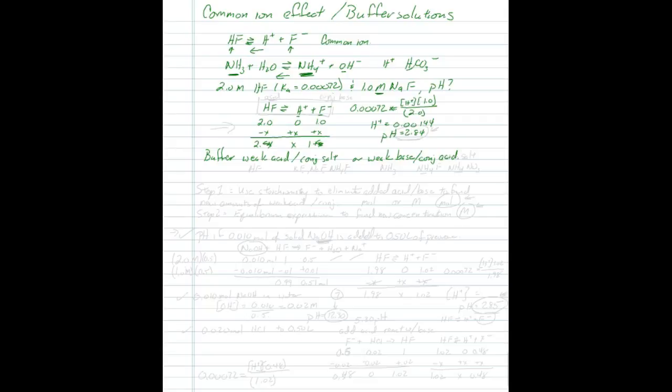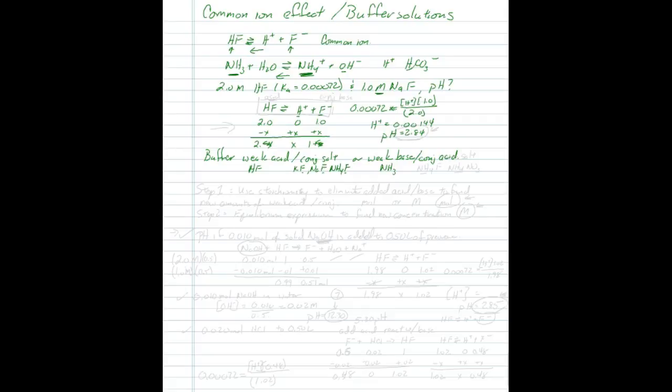Examples, if you have a weak acid of HF, the conjugate salt could be KF, NaF, NH4F, as long as it contains an F. The weak base, say NH3, is a common one.